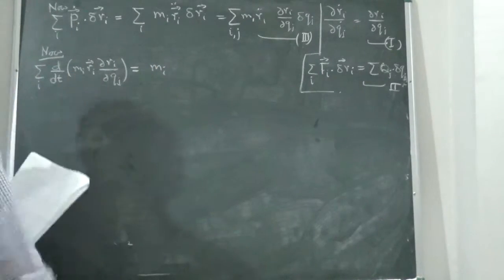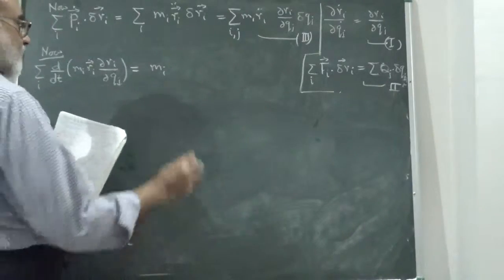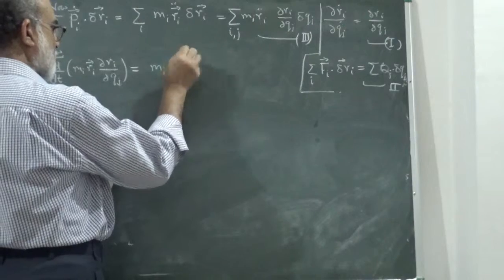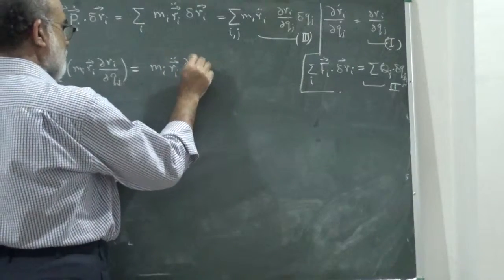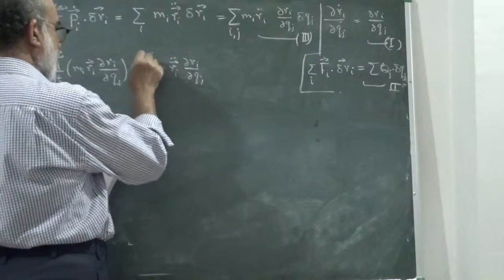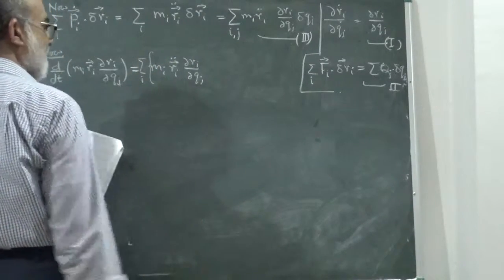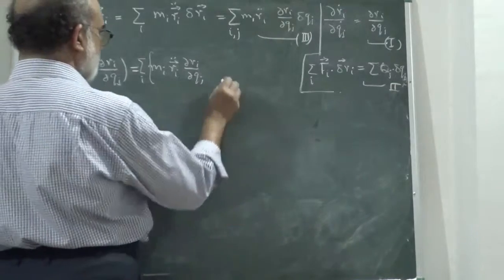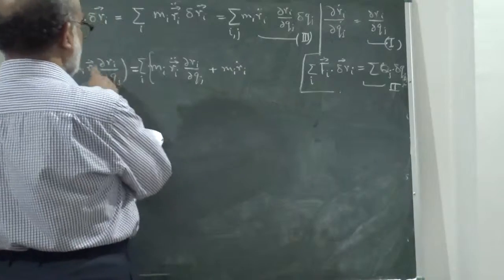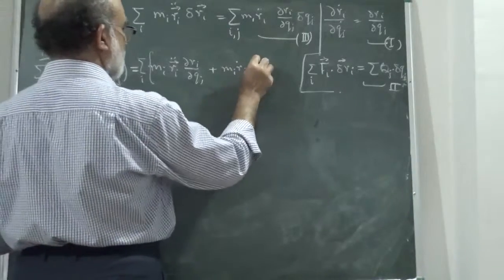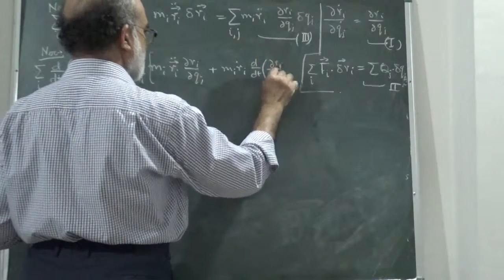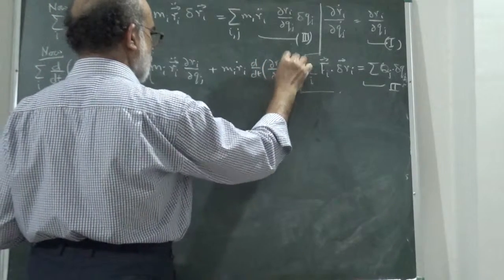Differentiation of this means Ri double dot delta Ri by delta Qj, plus Mi Ri dot times the differentiation of this, so it is d by dt of delta Ri by delta Qj.